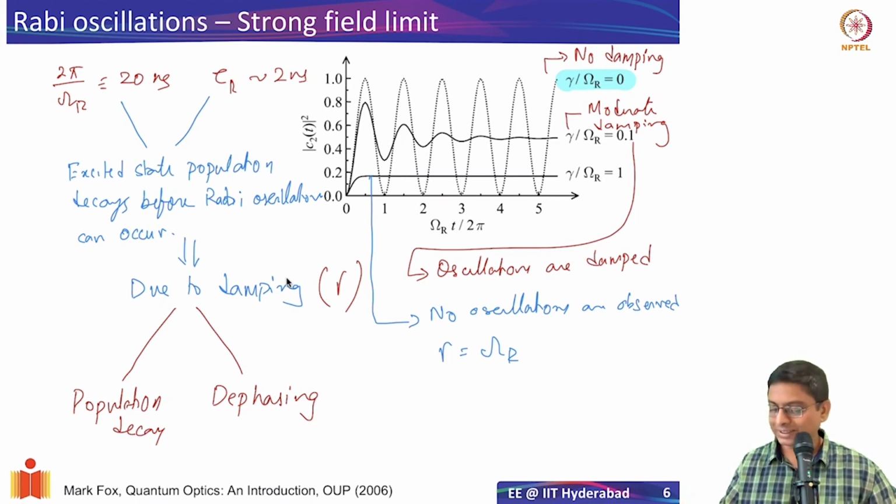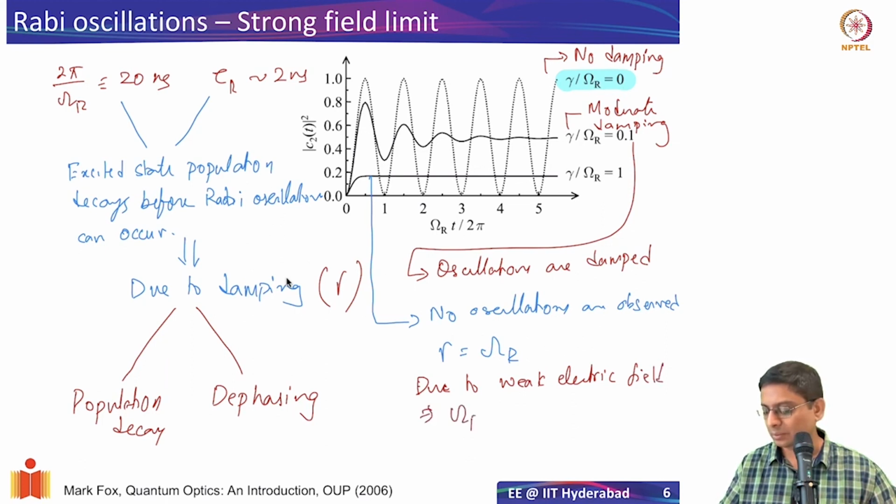So why are the oscillations lost? This is due to a weak electric field, which implies that omega r is small, and my time period for oscillation is long.